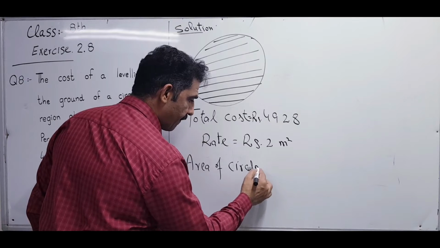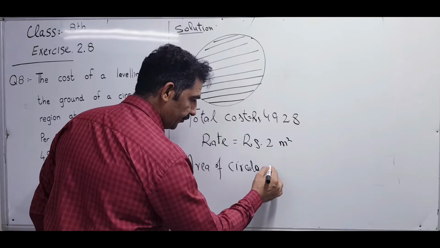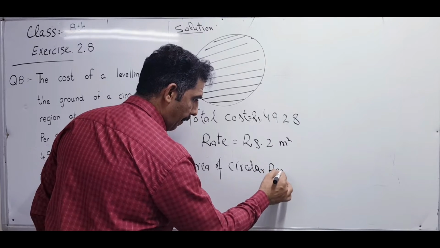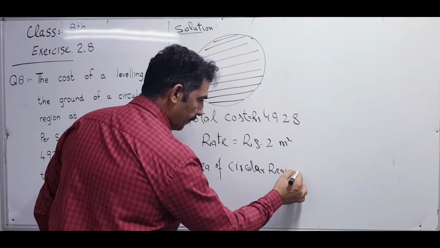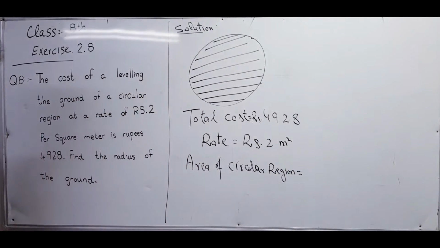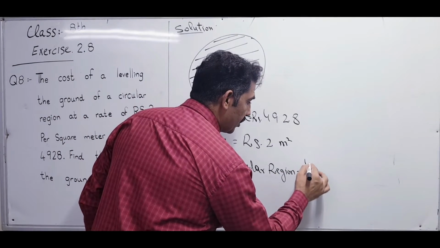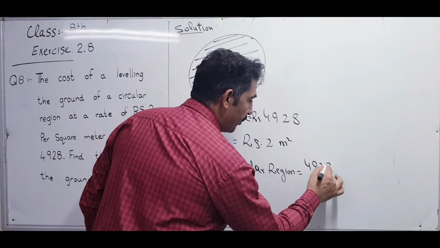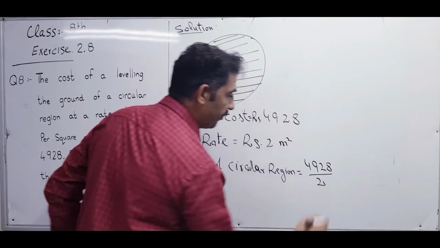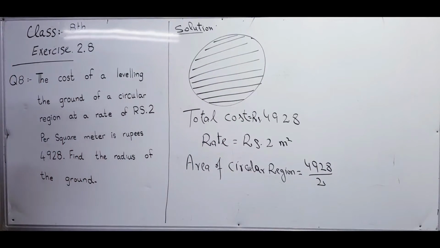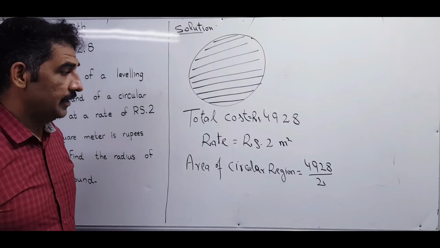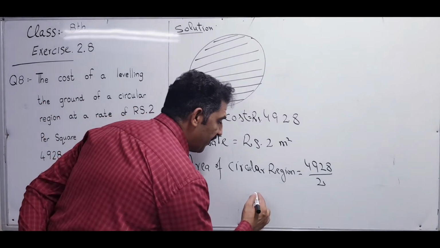Area of a circular region is that 4928 divided by 2. Correct. When we divide by 2, then what will we get as the answer?